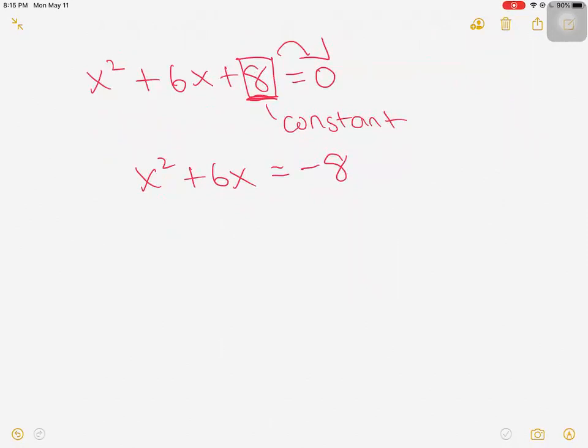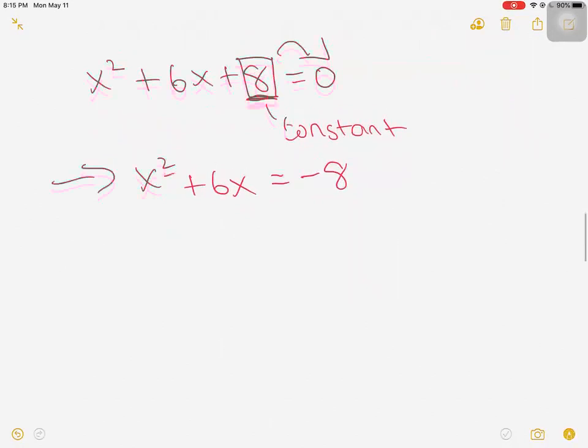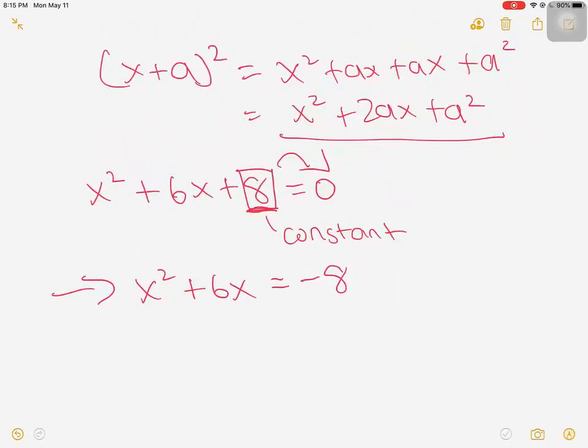The next thing we want to do is make this left-hand side a perfect square, or something in the form of x squared plus 2ax plus a squared. To find the number we have to add to both sides, we simply take this middle term right here, divide it by 2, and then square it to get our constant term.